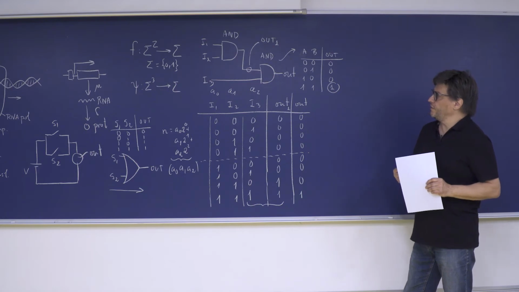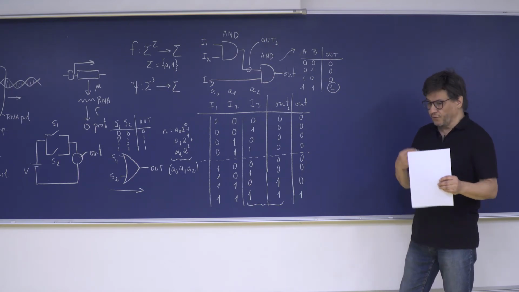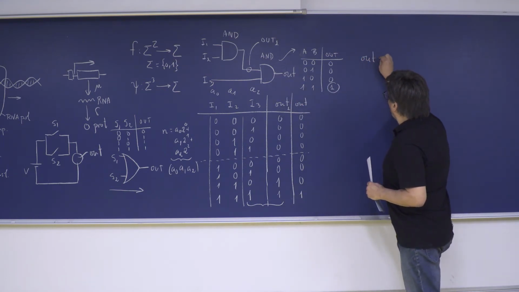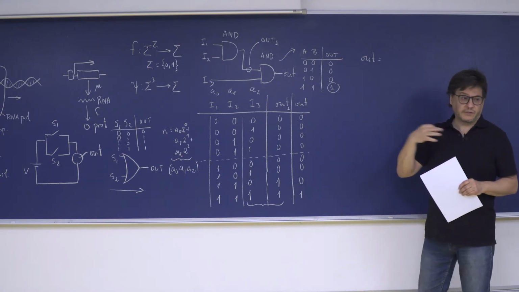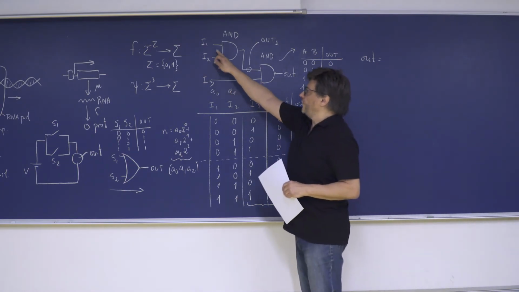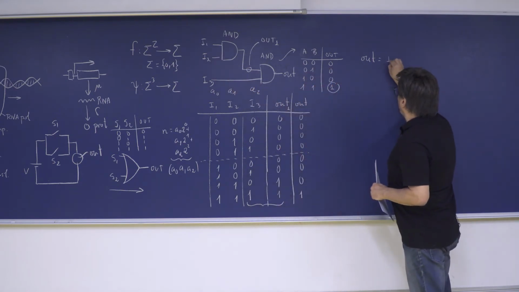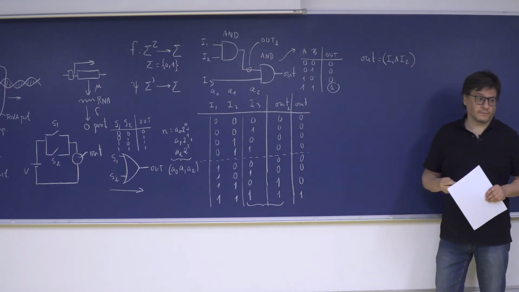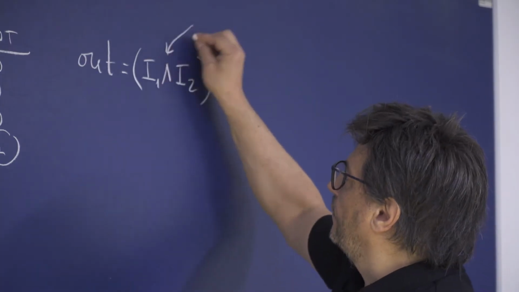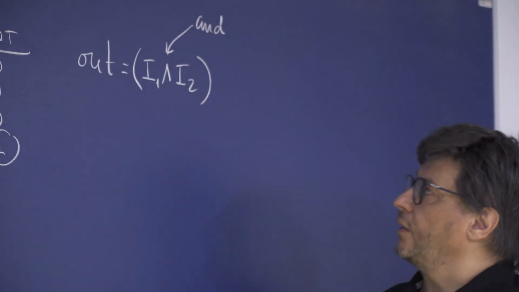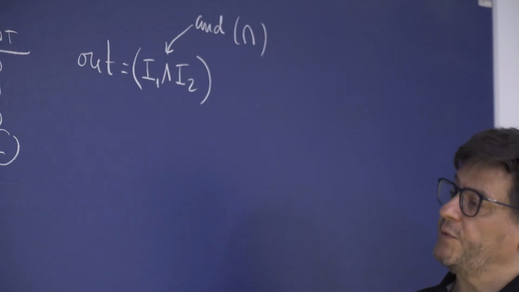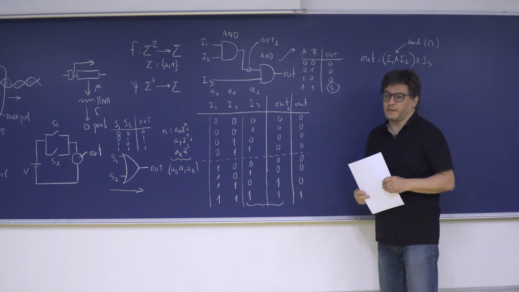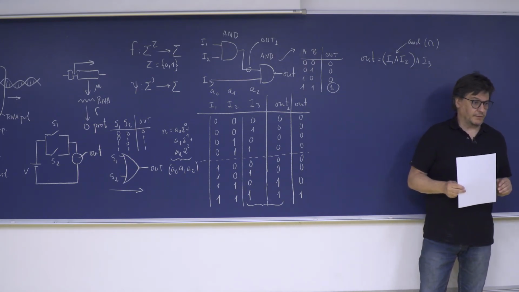We can see the result of that in more formal terms when we think that the output is obtained by a logic chain of things. It's a combination of I1 and I2, and remember that this is written like this. This is for my AND. We can also use this expression, and I3, and that also allows us to easily make the calculations.